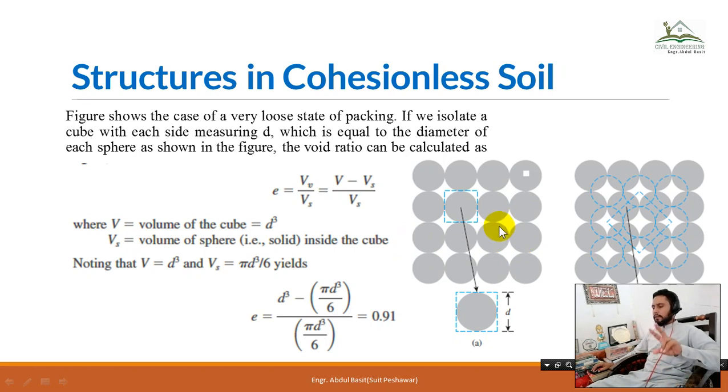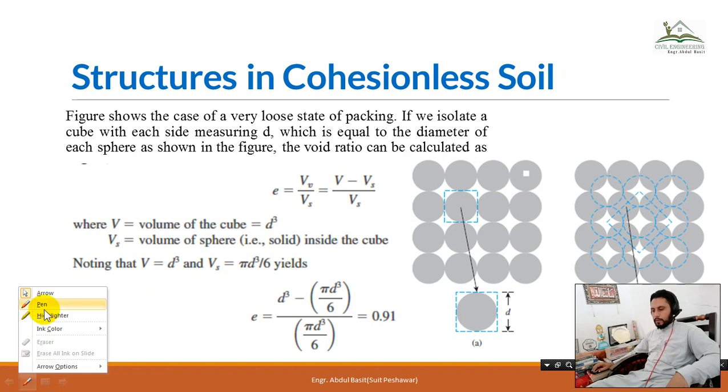Then we can have two types of single grain soil: one is loose soil, and then we have compacted soil. So how to determine this? Let us consider this picture first. You can see this is one particle, second particle, and many particles are here, and you can also see the voids in between these particles. Let me plot it for you.